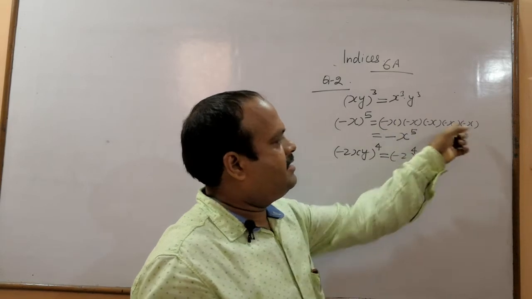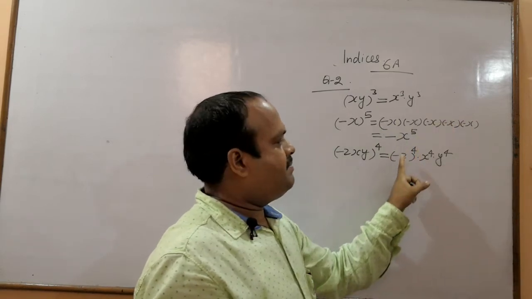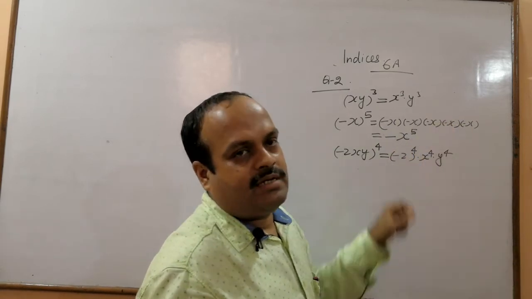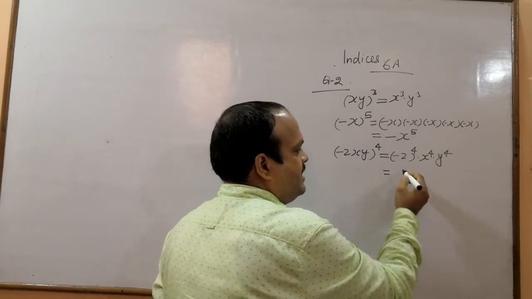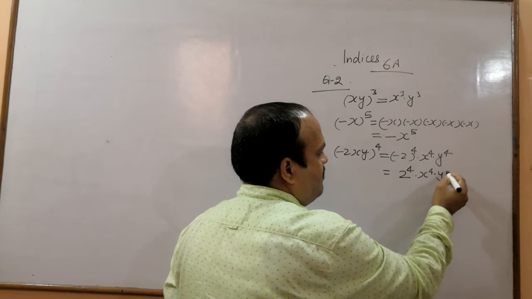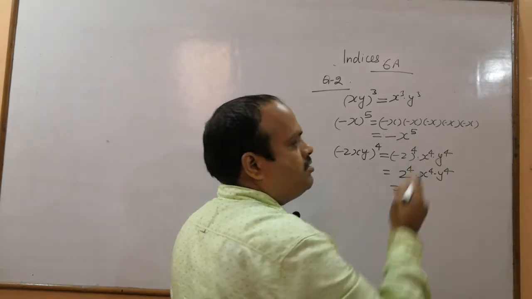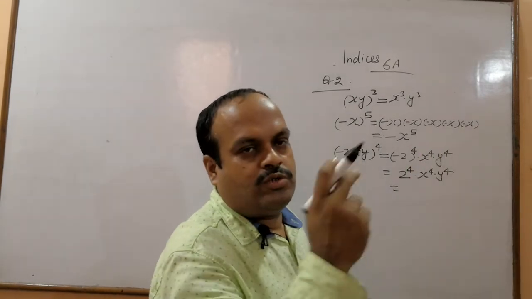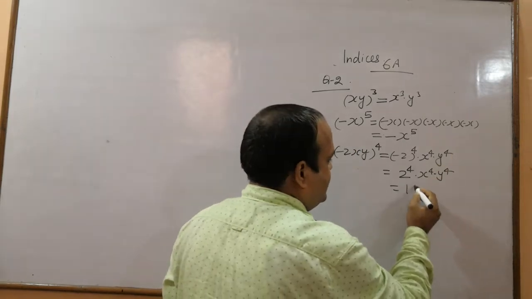Since the power of the negative base is even, we will get plus 2 to the power 4, x to the power 4, y to the power 4. 2 to the power 4 means 2 into 2 into 2 into 2, which becomes 16.